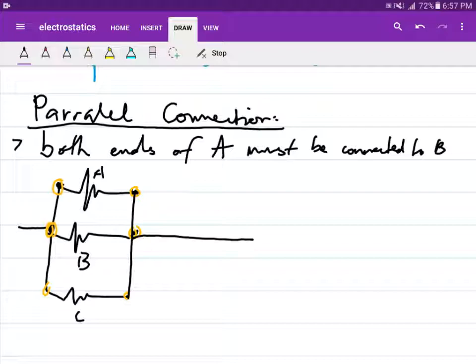We want to simplify this connection to just one resistance. So say this is ABC.